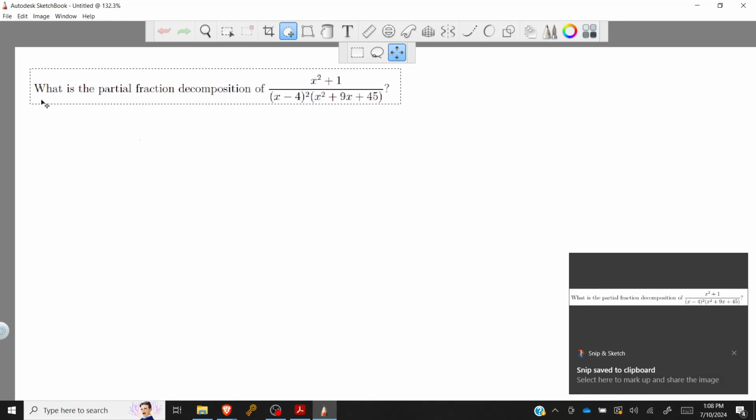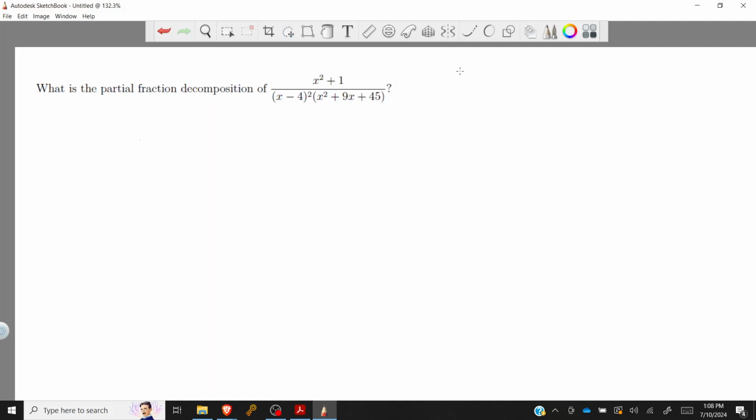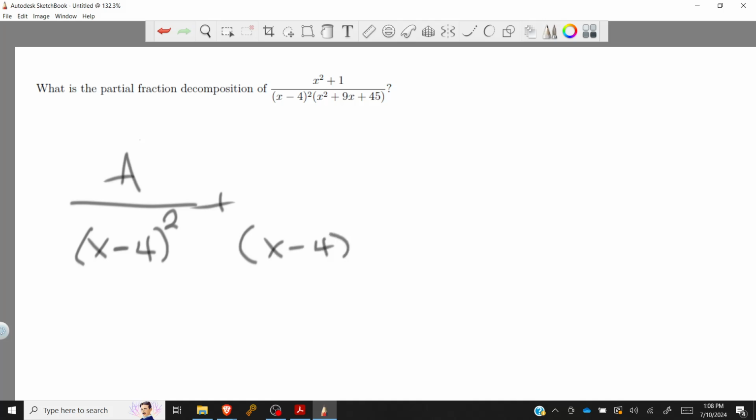This one's just having you find the decomposition and not actually solving for it. So let's break it apart. This is going to be a plus. If you have a root that's doubled, you're going to want to take the single part of it as well.